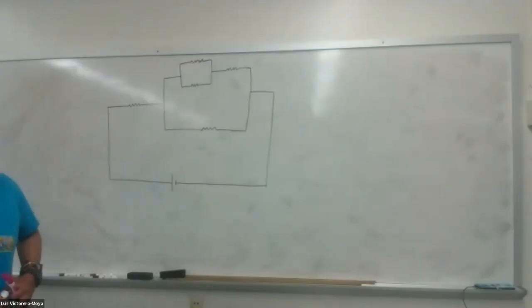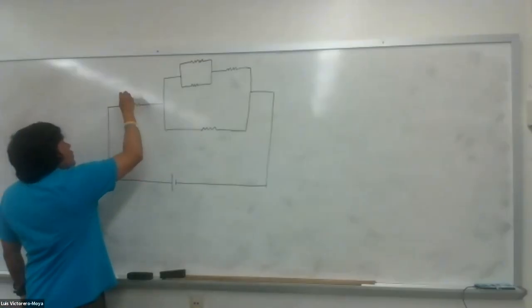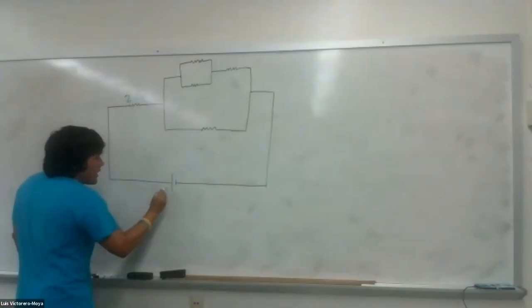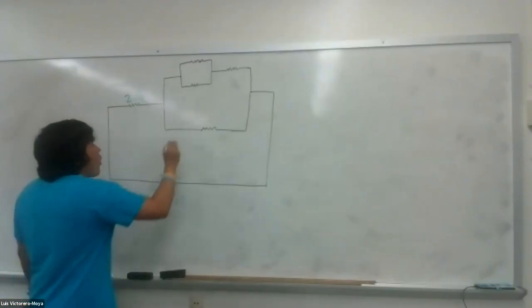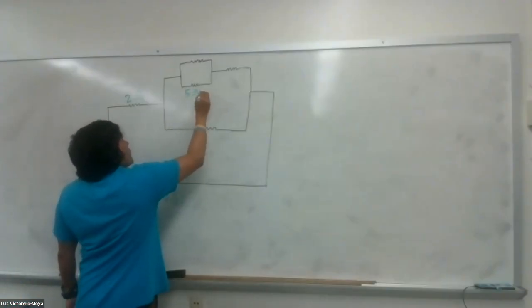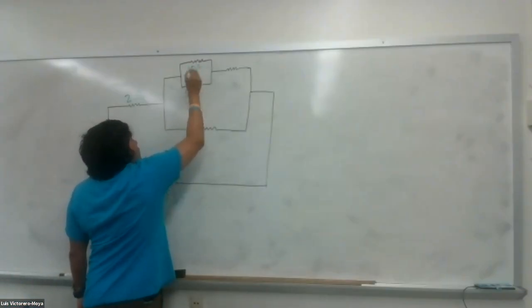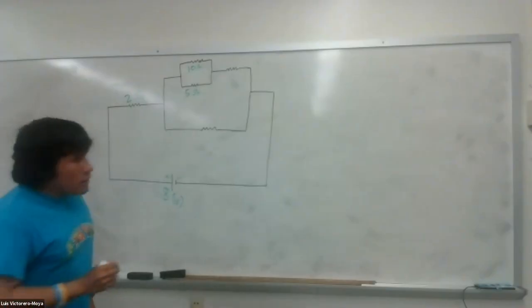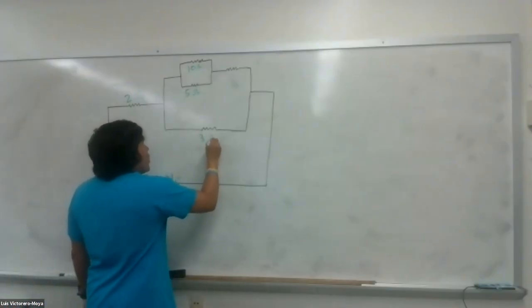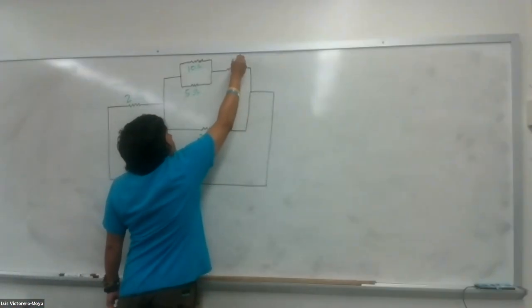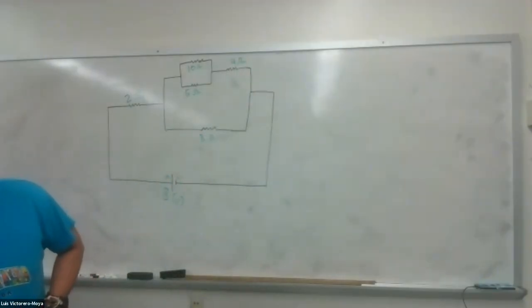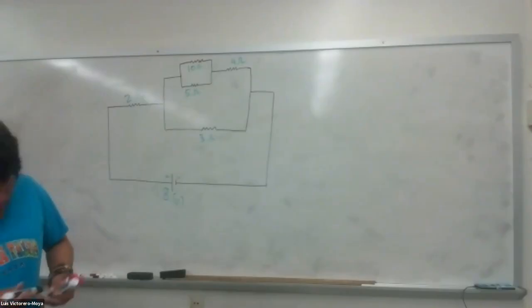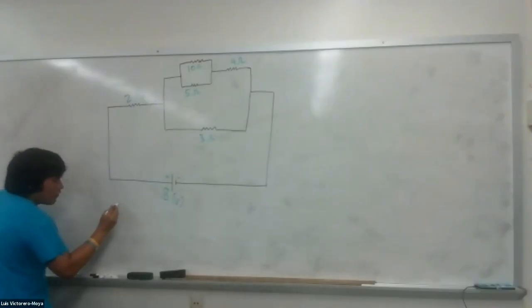So here we have 2 ohms, 8 volts, positive, negative there, 5 ohms, 10 ohms, so we will probably get fractions in there, that's okay. 3 ohms, 4 ohms. So we're going to find everything as we go.